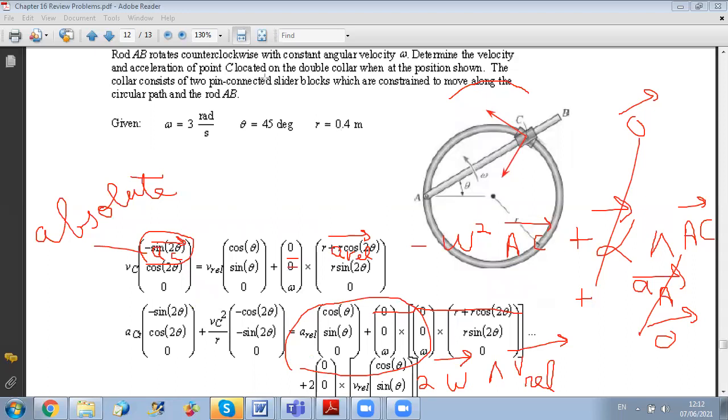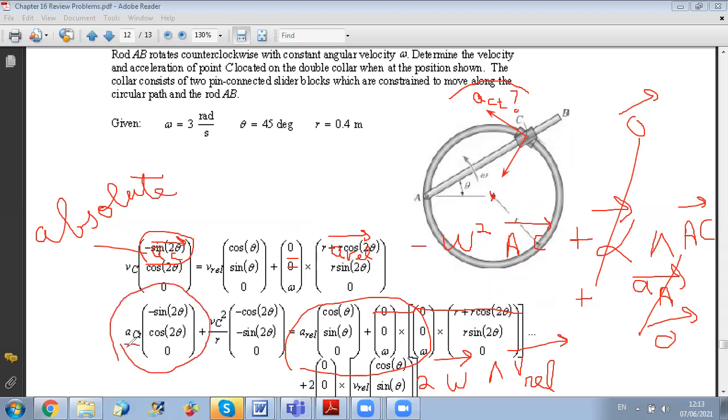Concerning AC tangential, we don't know its value, because we don't know what alpha of C about the center is. So we will keep it as unknown. We call it AC tangential, unknown in magnitude, but we know its direction. Okay? It is like the velocity. This is why, as you can see here, the unit vector is the same.